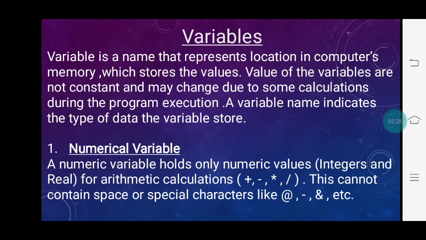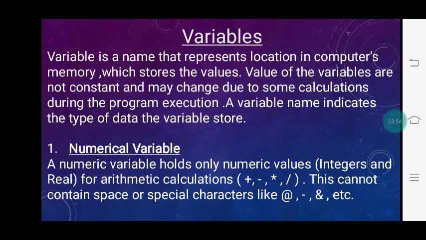A variable name indicates the type of data the variable stores. A variable is a representation for a quantity which can vary. Variables are also of two types, numeric variable and string variable.